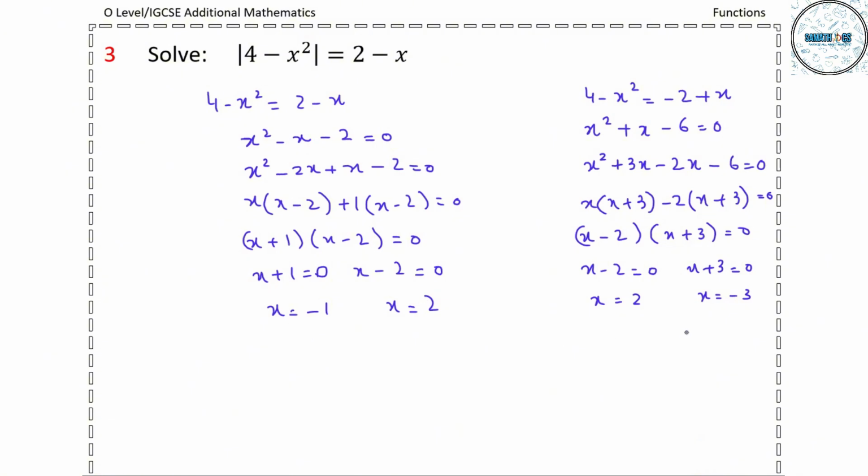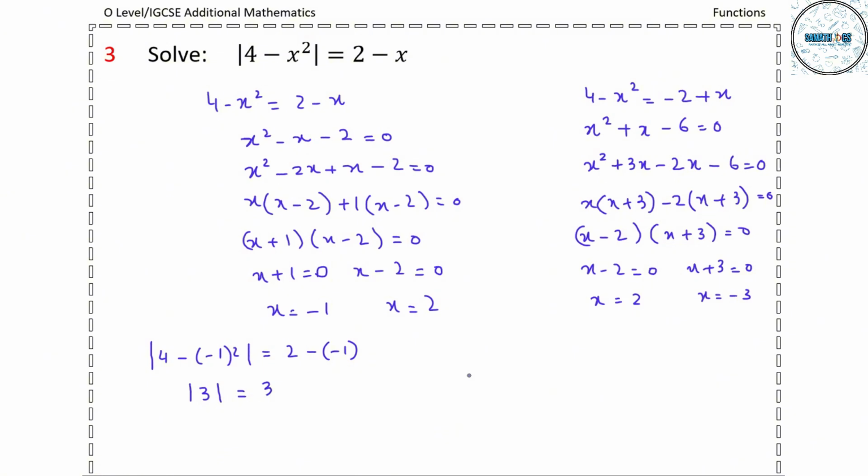Now we will substitute these values in the equation to check whether it is satisfying the equation or not. First of all, we will check with minus 1: absolute of 4 minus minus 1 squared is equal to 2 minus minus 1. So 4 minus minus 1 squared is 1. So 4 minus 1 is 3. Absolute of 3 is equal to 3.